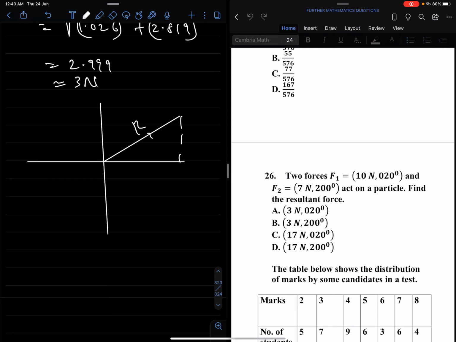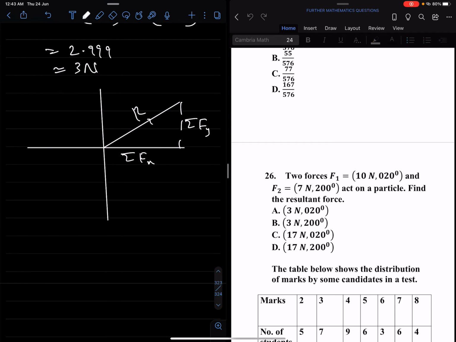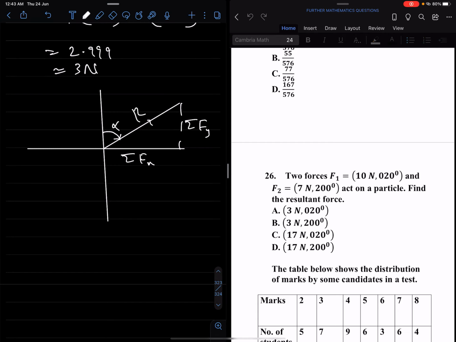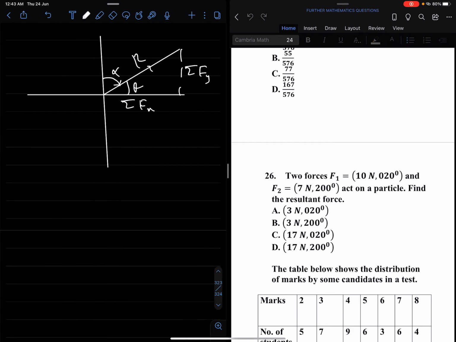Its vertical component is the sum of vertical components of forces, while its horizontal component is the sum of horizontal components of forces, and this is its direction. This angle is its direction. Let me call it alpha. If I find this, let's call this theta, I'll be able to find alpha.